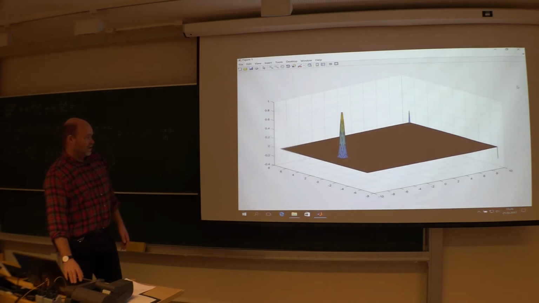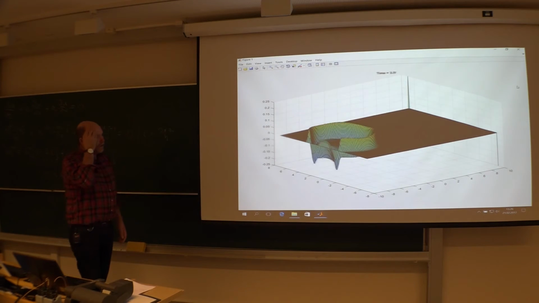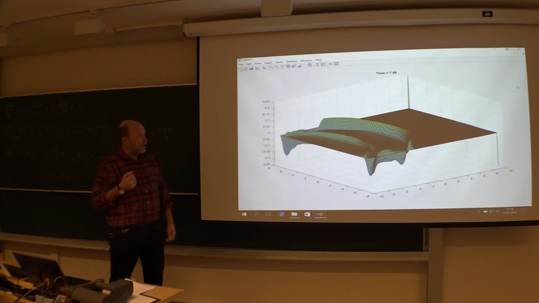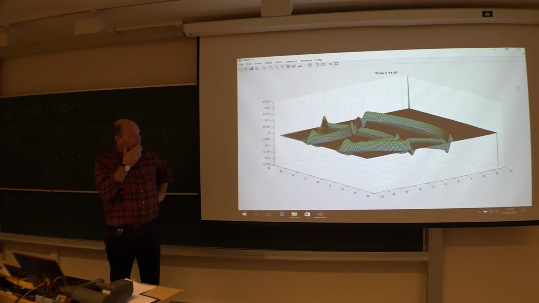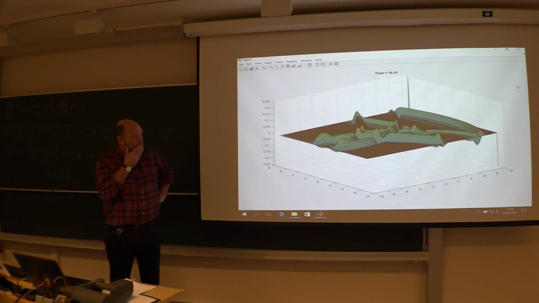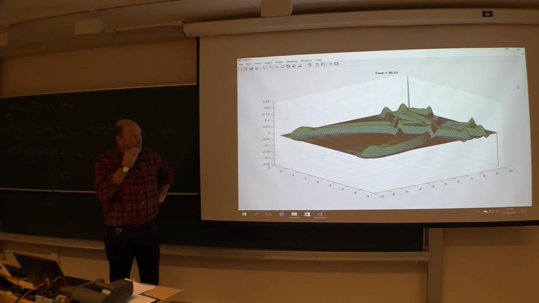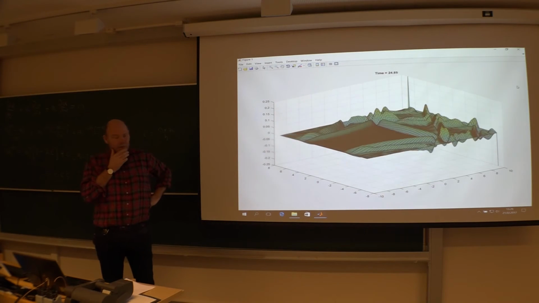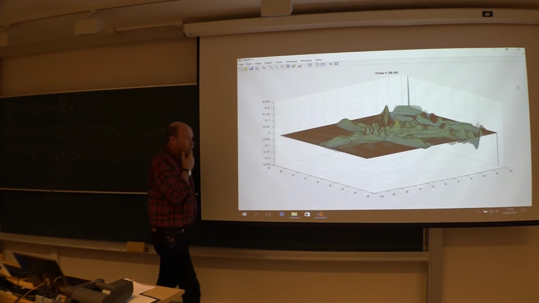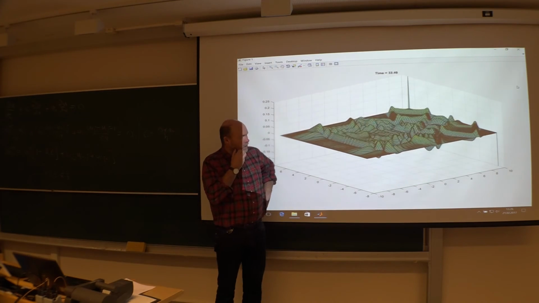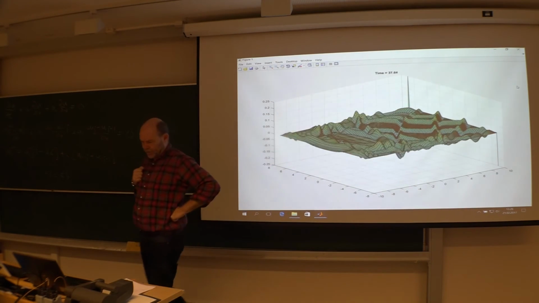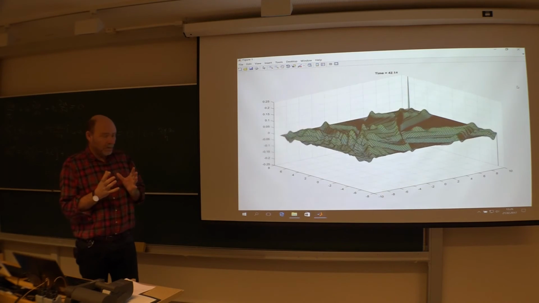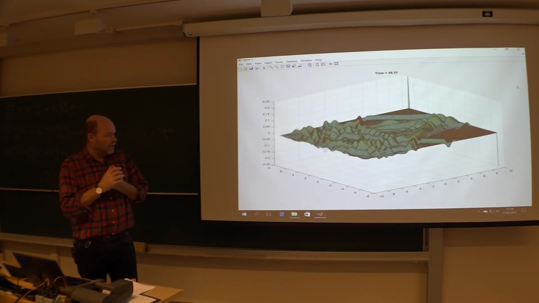Here, now with the Dirichlet conditions. So we have a project student. He's working now with surface waves, and he's going to investigate the surface waves from boats, from ships.